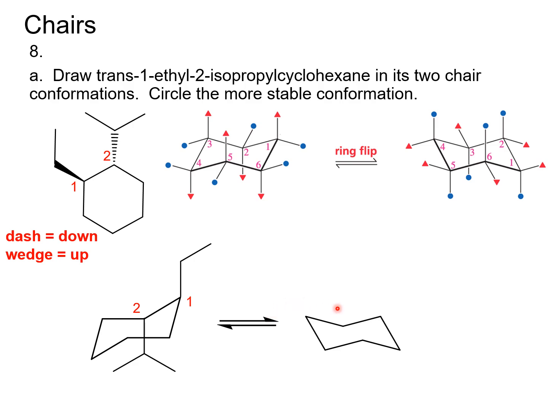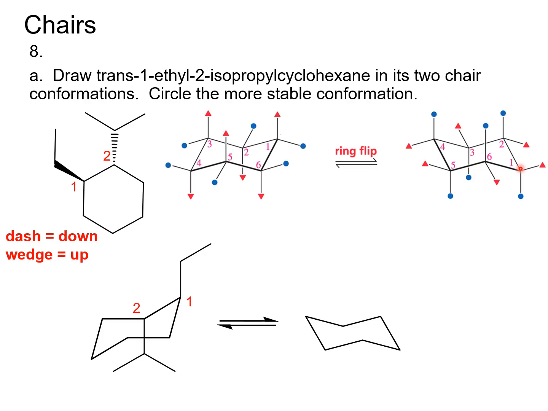Now when I do my flip, remember that carbon 1 is at the top here. It goes down to the bottom in my flip. The reason why the dash and the wedge is so important is that that tells us direction. And direction does not change when we do our ring flip. So the fact that my ethyl group here is pointing up, I need to have that also pointing up in my flip.